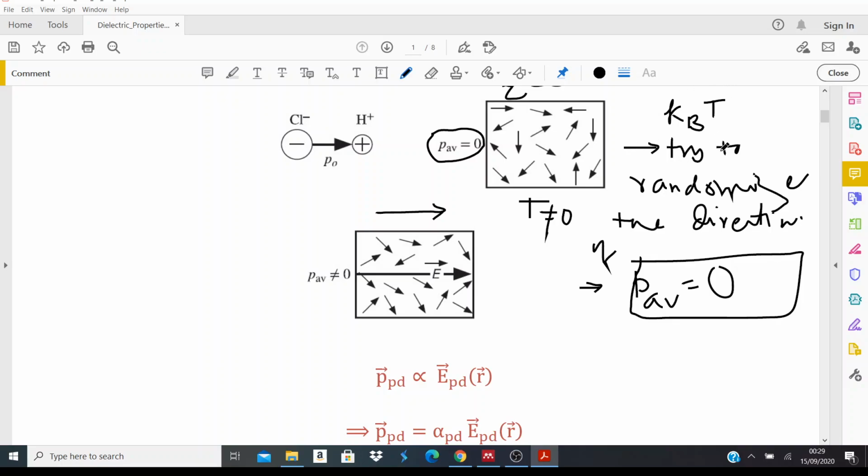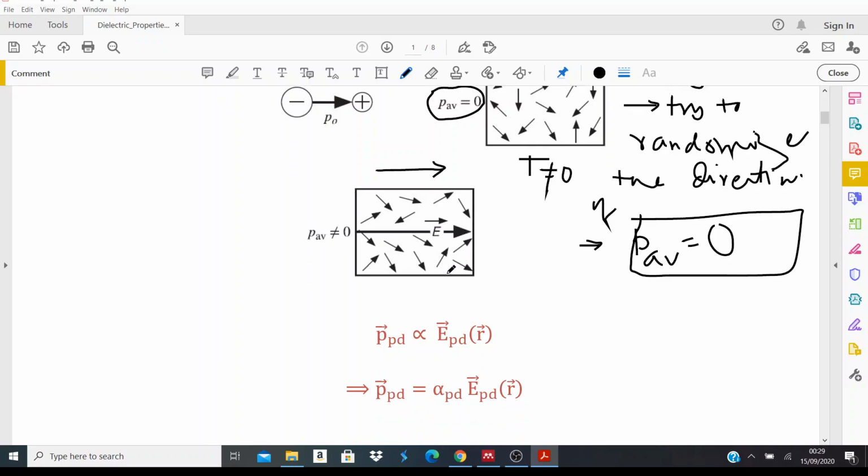So it's the interplay between the thermal energy of the system and the energy coming from the electric field. There is a competition between these two, and as a result of this attempt of alignment due to the external electric field, there will be a net polarization along the direction of the applied electric field. In that case, the P average will not be zero.